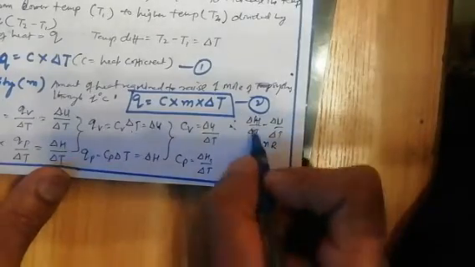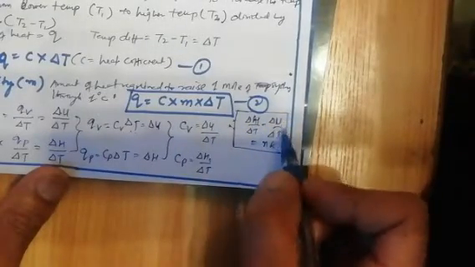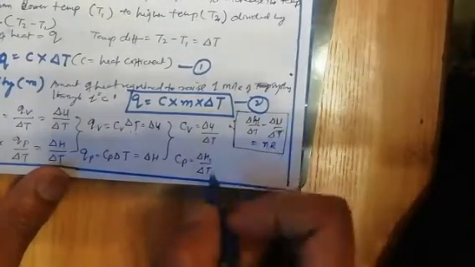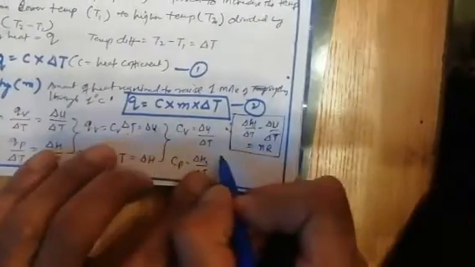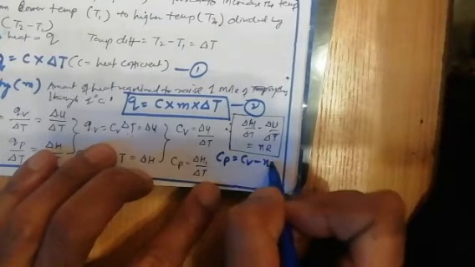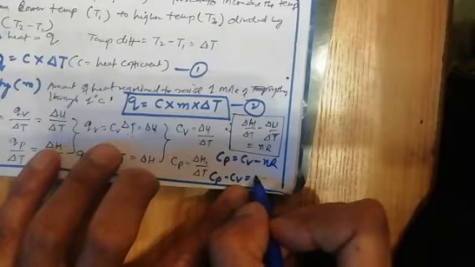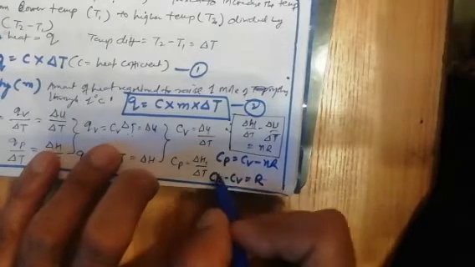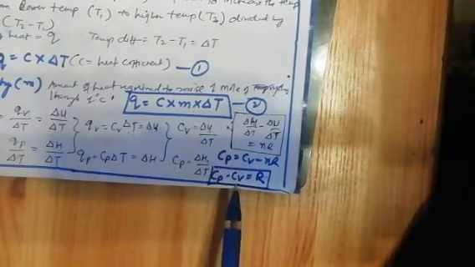This we know already, we have explained it. So in place of this we will write, the equation becomes CP is equal to CV plus nR. So it becomes CP minus CV is equal to R, which is the relation between CP and CV that we needed to find out.